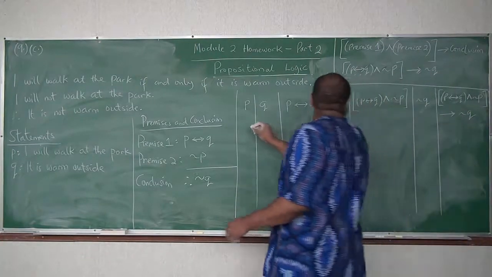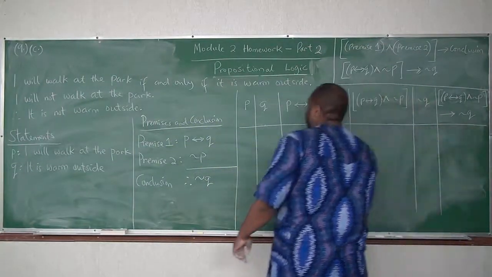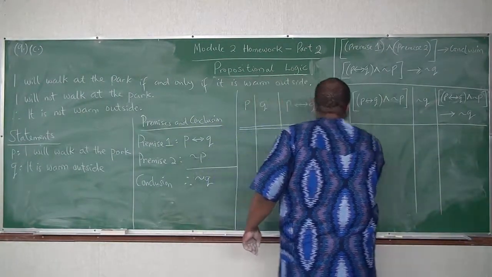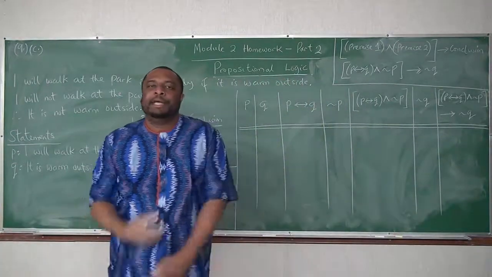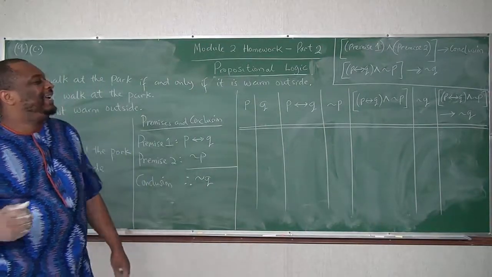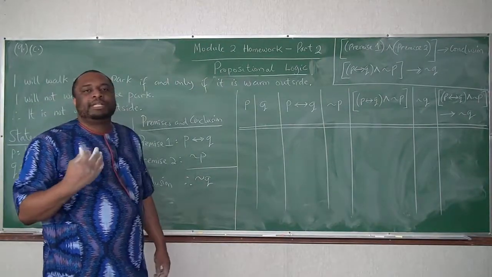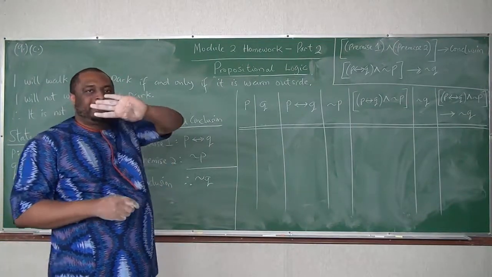Okay. So I like using double lines to demarcate the statements from the truth values. Okay, so two statements have four possibilities.